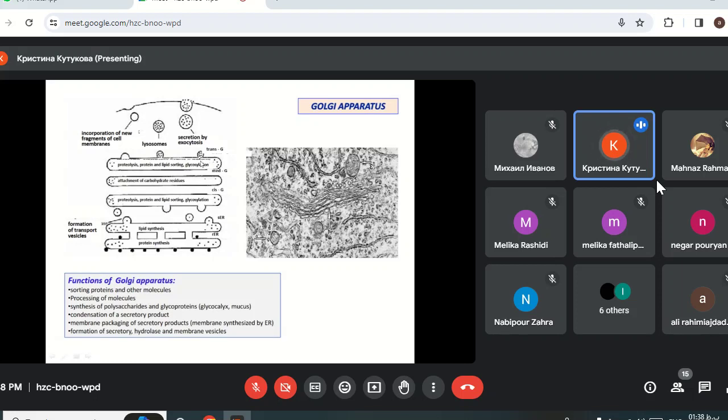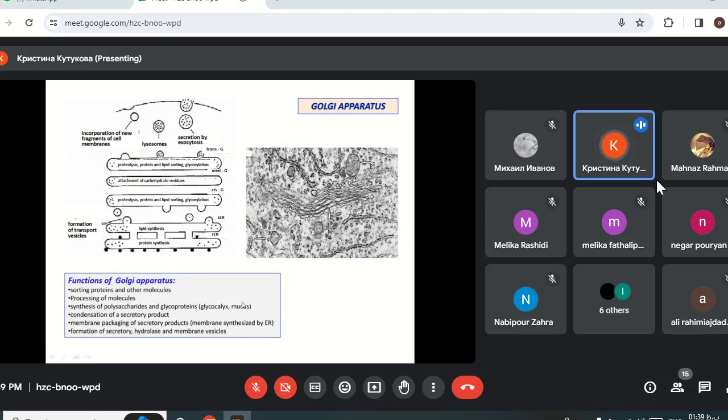of the Golgi apparatus, and here the sorting of molecules happens, and Golgi apparatus decides whether this particular molecule should go outside from the cell via secretion or excretion, or this particular substance is the enzyme that should stay inside lysosome, or something else.